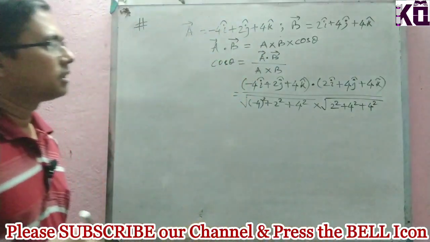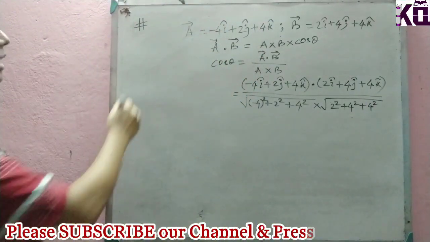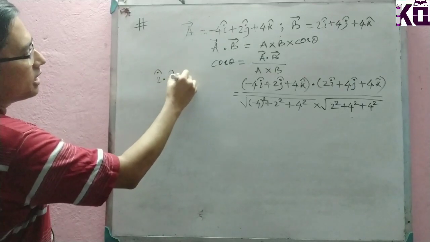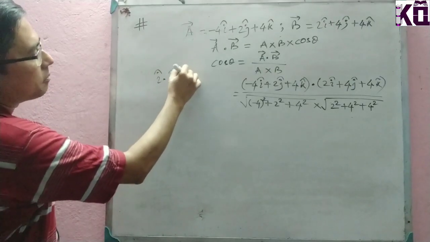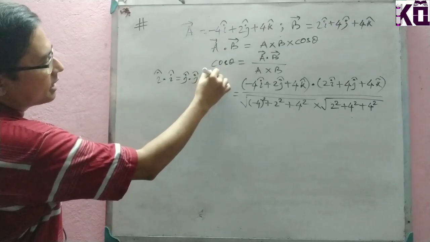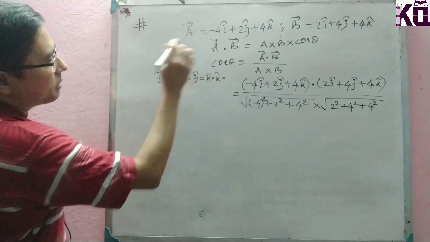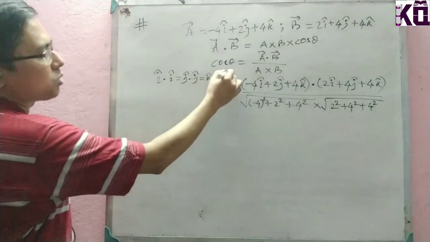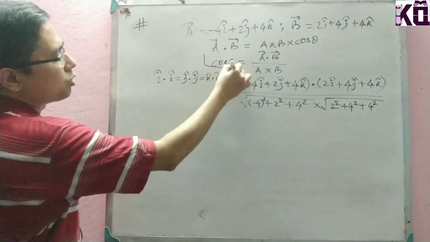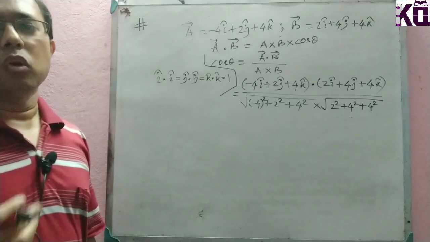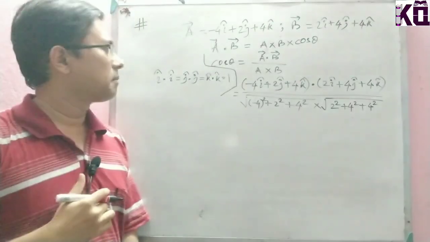That is the part. And now we know i dot i, already we have identified, or j dot j or k dot k, these are all basically AB cos theta. So that means cos 0. So the final value should be equal to 1. i dot i, j dot j, k dot k, all should be equal to 1.